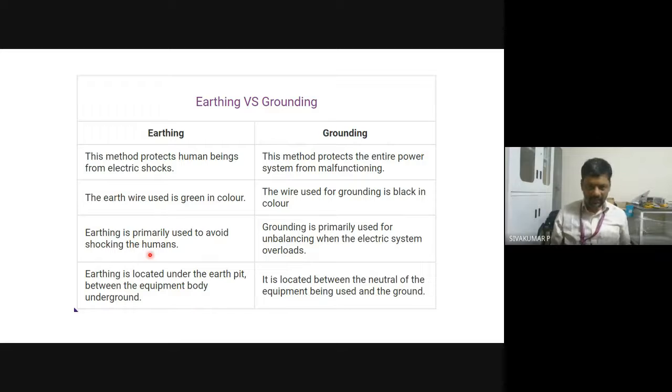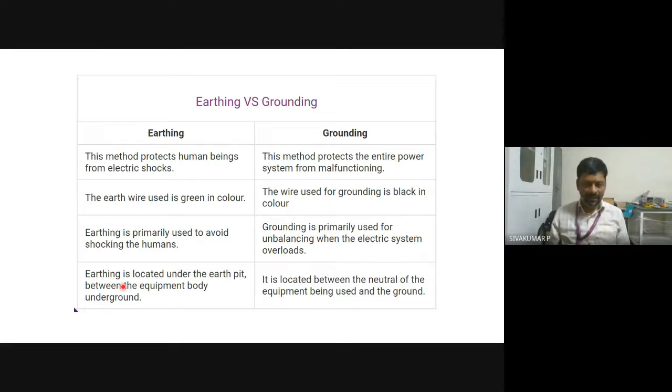The earthing is primarily used to avoid charged potentials, and electrical leakage current can be neutralized, grounded through some wire. Grounding is primarily used for avoiding the unbalancing of the electrical overload. This word is very important. You should keep it in your mind: unbalancing. This is the problem, and to avoid it we utilize this.